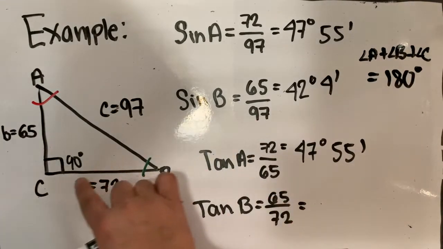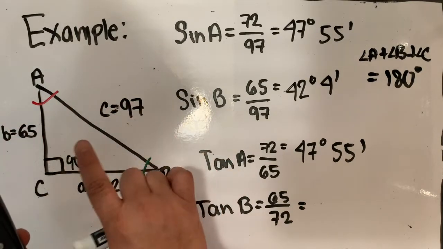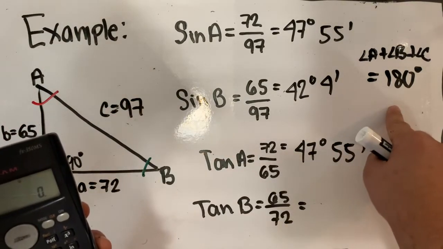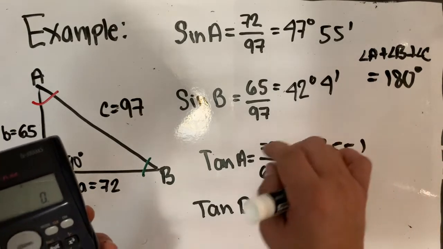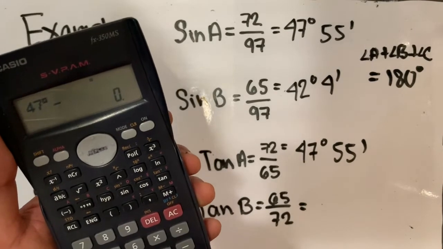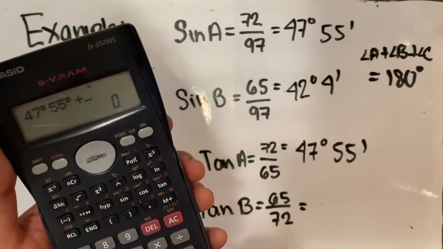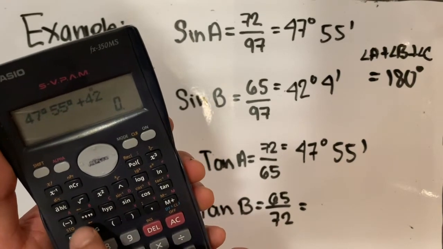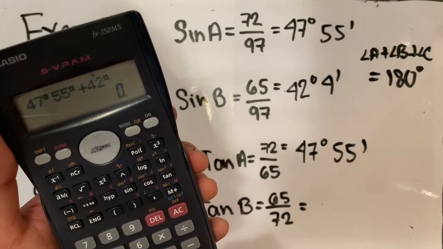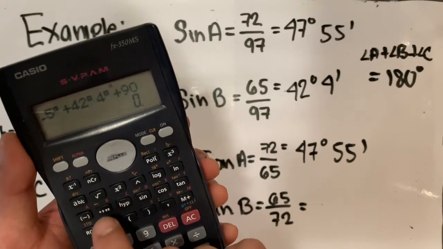Because remember that the sum of the angles inside of a triangle always is 180. Okay? So I'm going to do it. 47 degrees, 55 minutes, plus 42 degrees, 4 minutes, plus 90 degrees.